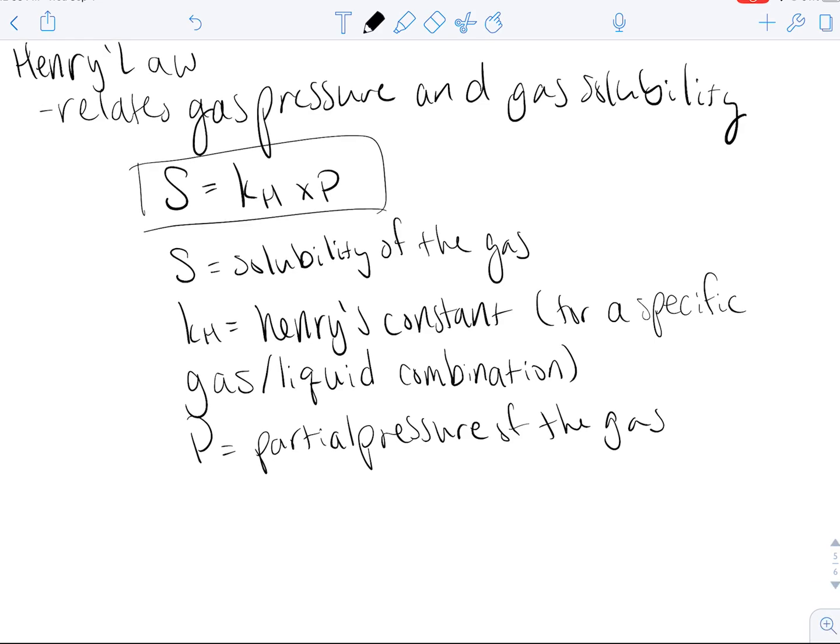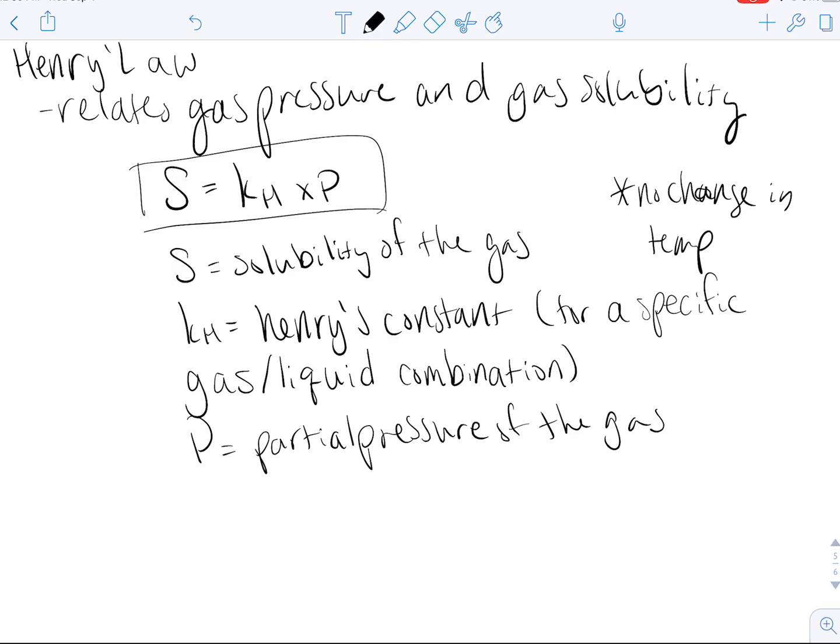So that is Henry's law, but if we have the same gas-liquid system, we can set them equal to each other, and we don't want to change anything, so no change in temperature.